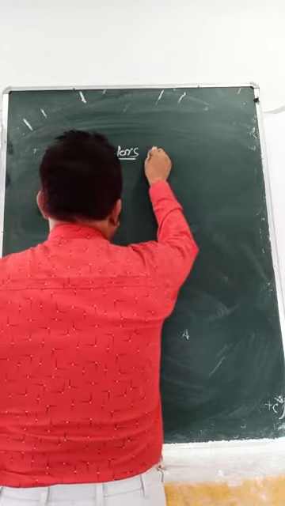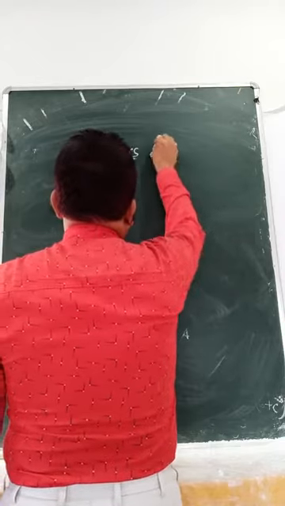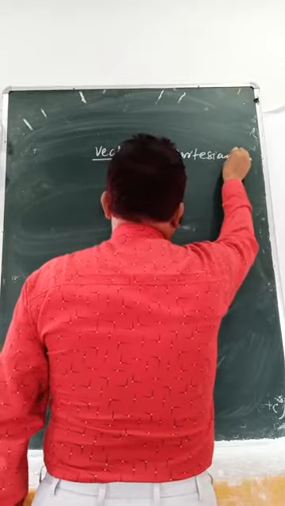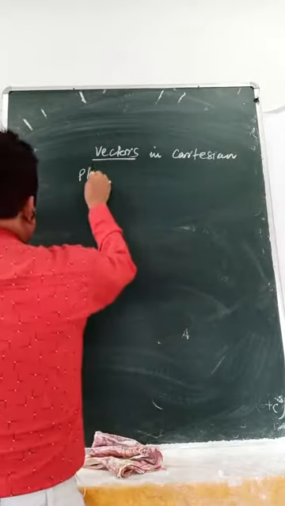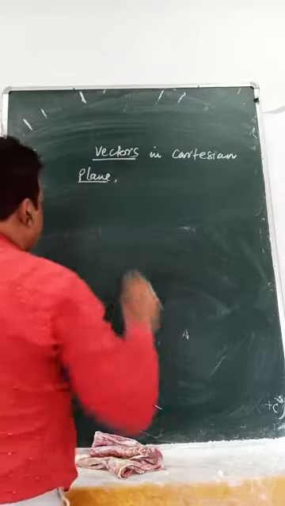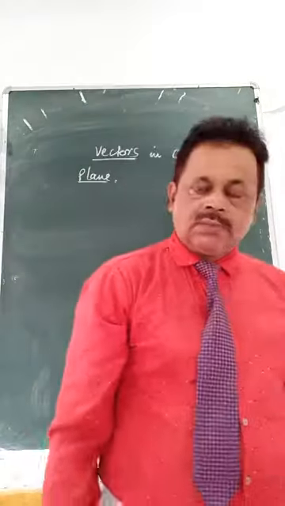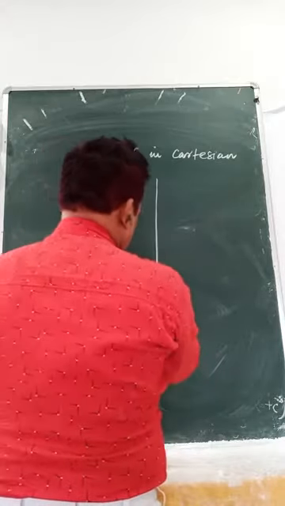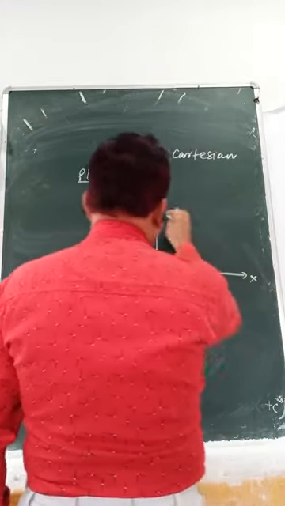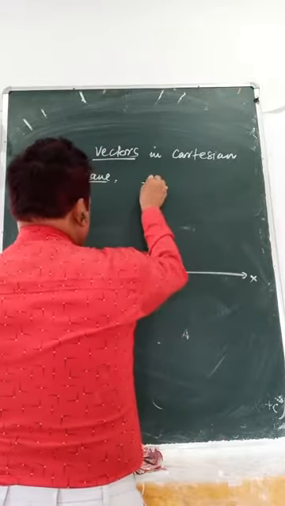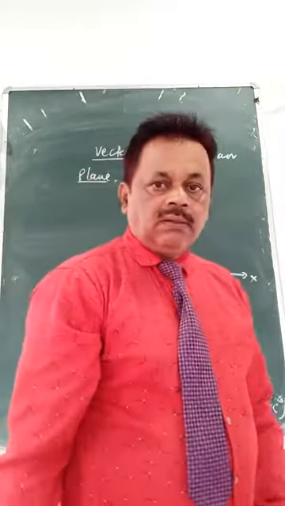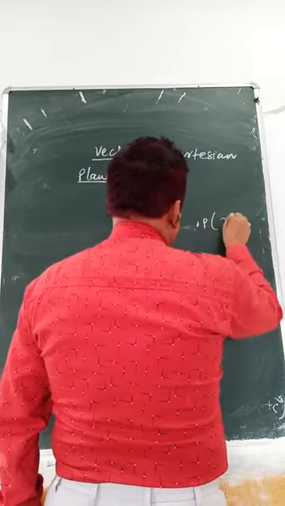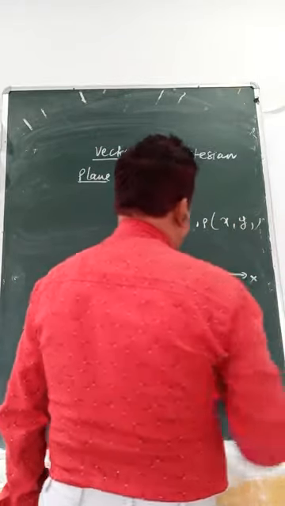Vectors in Cartesian plane. Okay, now look. Suppose this is our XY plane. Take any point P in the quadrant XY, first quadrant.